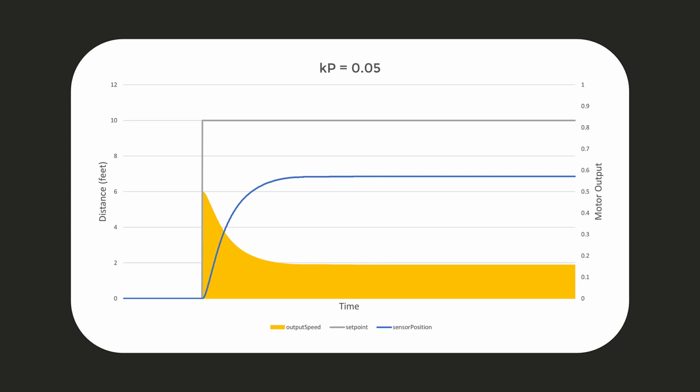The gray line represents the set point, the blue line is the robot's position, and the yellow area is the motor output value. Time is graphed on the horizontal axis, distance is graphed on the vertical axis on the left, and the motor output percentage is graphed on the right vertical axis. As we can see, the robot slowed down, but it didn't quite get to 10 feet. It stopped at about 7 feet.